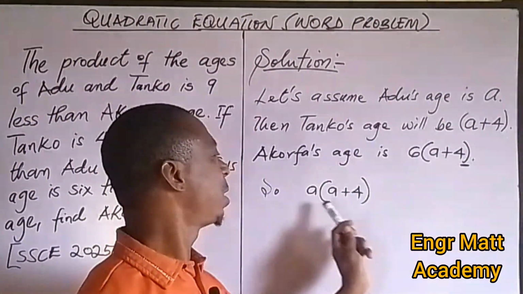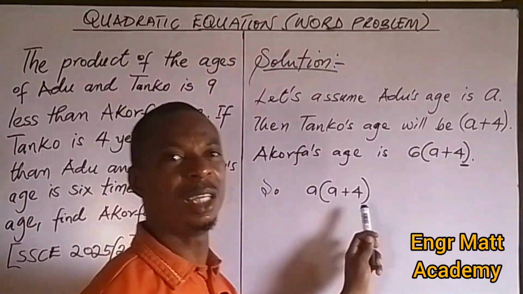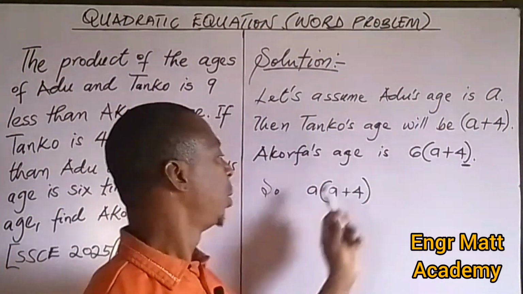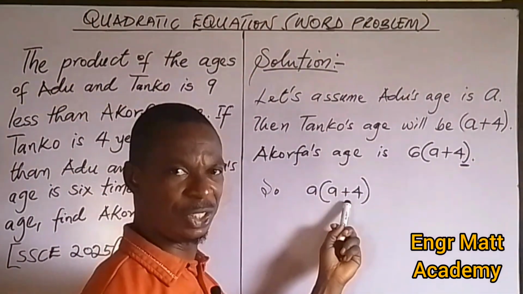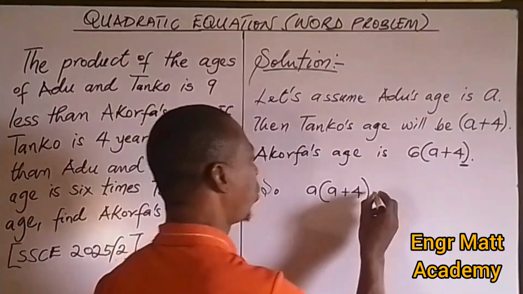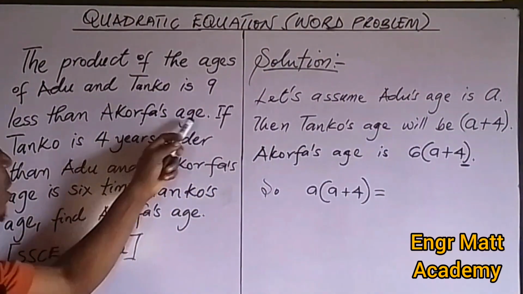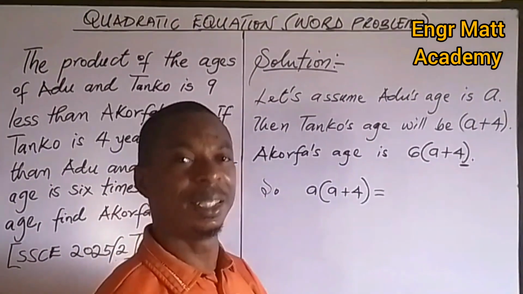Remember, instead of writing A times A plus 4, we say A into bracket A plus 4. Just the way we did here. But this time, we are multiplying Adu and Tanko's age. And the answer will be equal to 9 less than Akofa's age. That means Akofa's age minus 9.